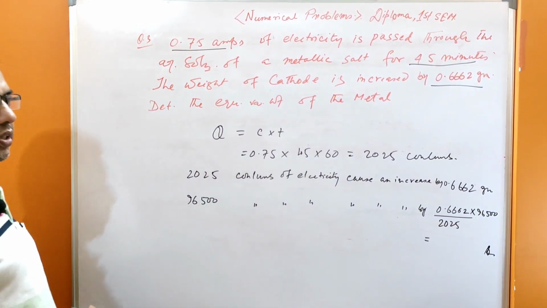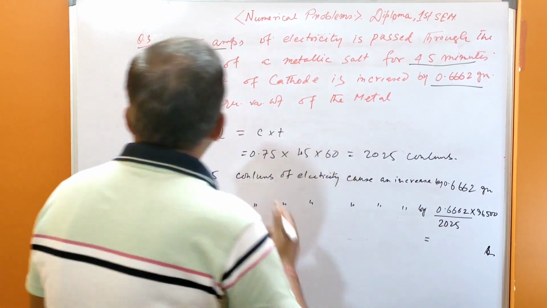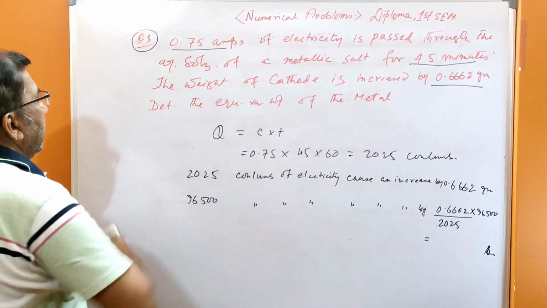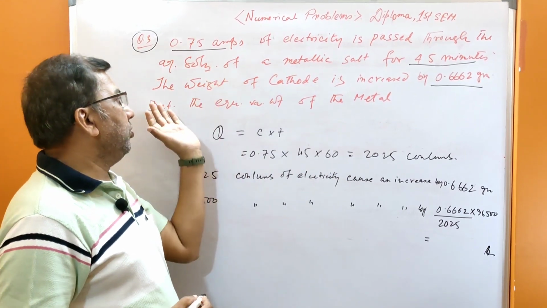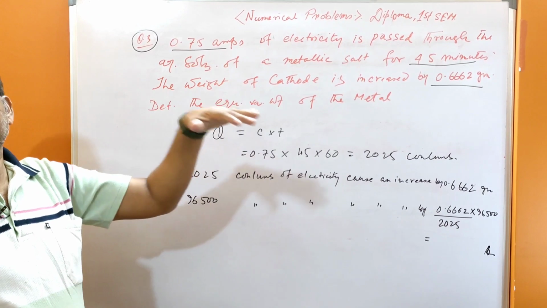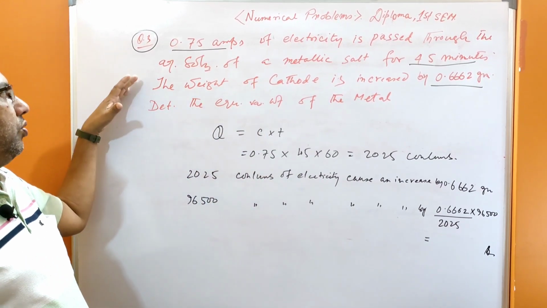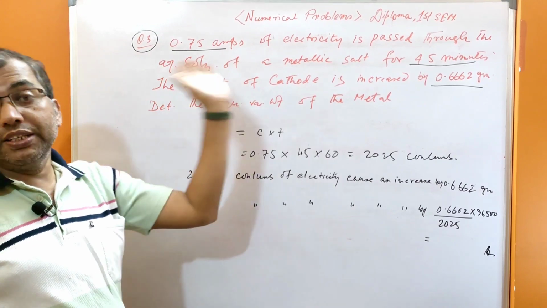And in the last one, you have to remember what is given in the question. You have to find the equivalent weight, or the amount of current passed, or the passage of electricity.